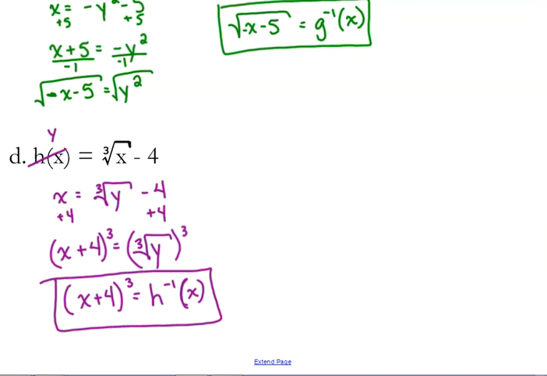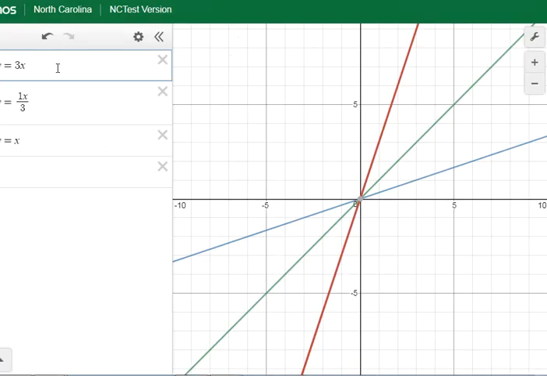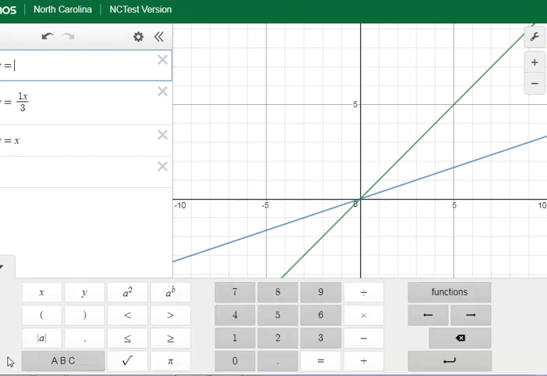Let me show you the graph of this one to emphasize what you should be looking for and if you got the order right. So if the original is the cube root... Where's my cube root?